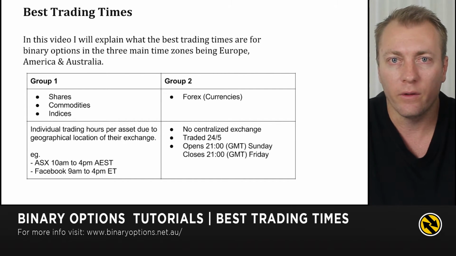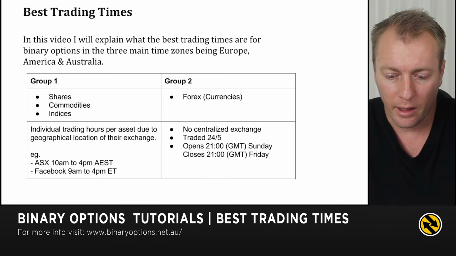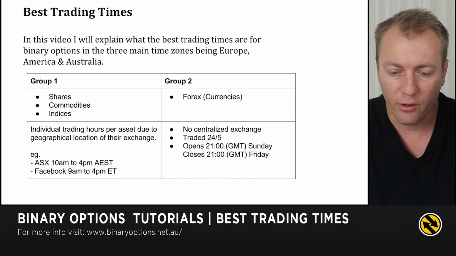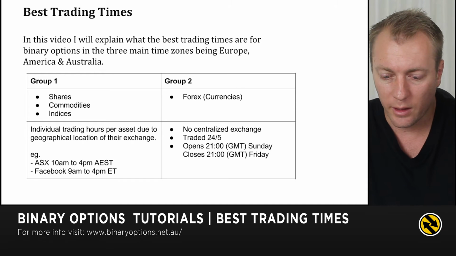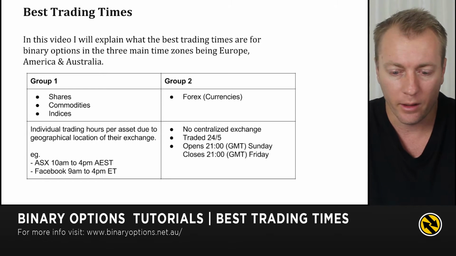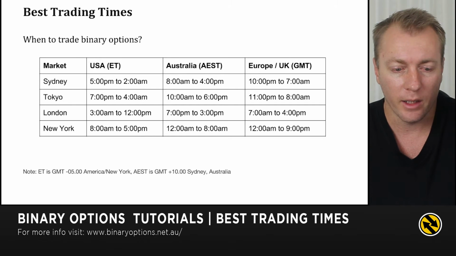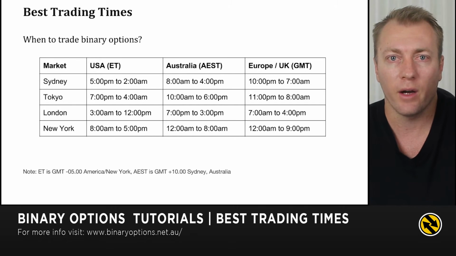They're traded 24/5, so basically from Monday to Friday. You can start trading Forex from 9 o'clock Sunday GMT time, and it closes 9 o'clock GMT time Friday. You'll find, especially in binary options, that Forex is probably the most traded asset.